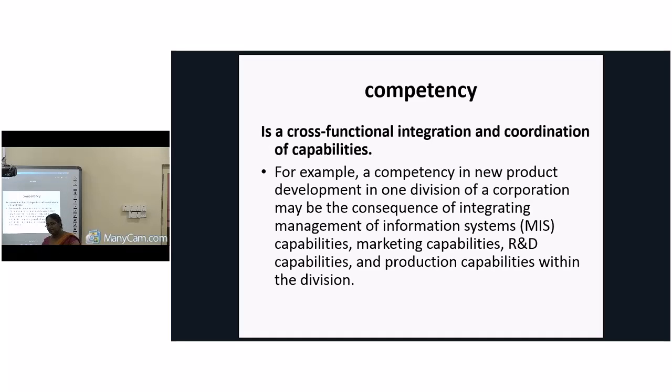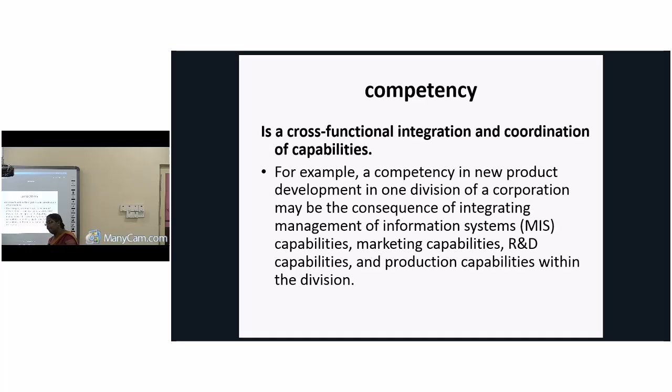Competency is integration between capabilities. There should be an integration between capabilities to create competency, right? Capabilities should be integrated together to achieve your corporate objectives and competitive advantages.